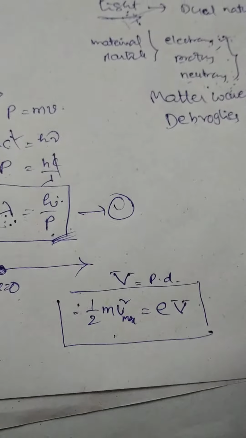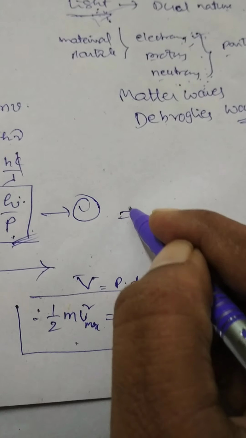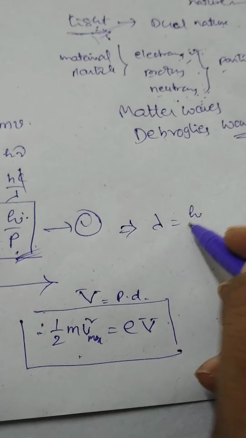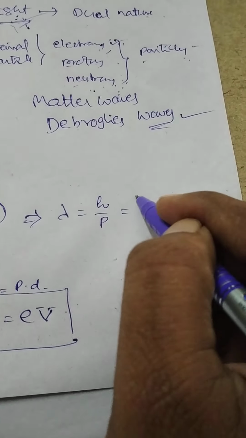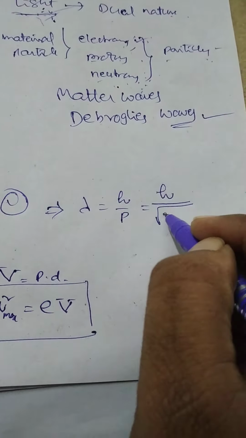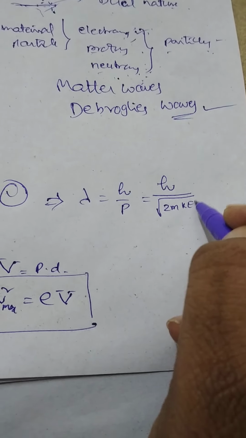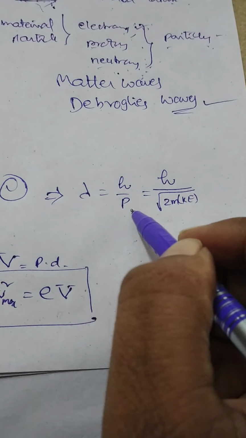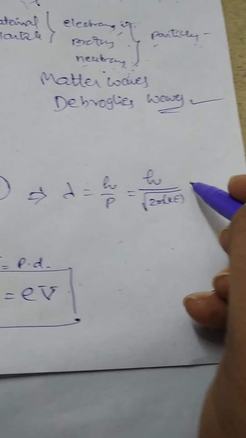De Broglie wavelength from equation 1, lambda is equal to h by p, or h by root of 2m into kinetic energy, since the relation between kinetic energy and momentum is p equal to root of 2m into KE.